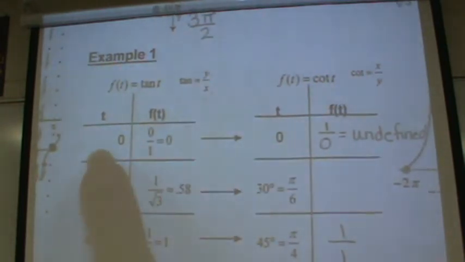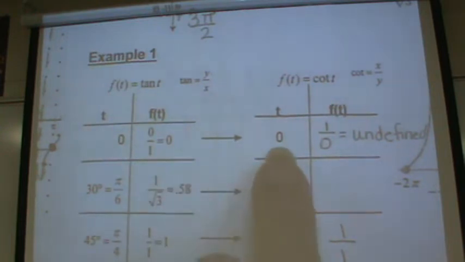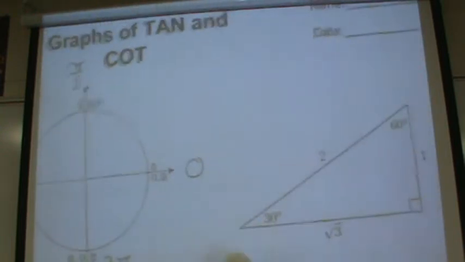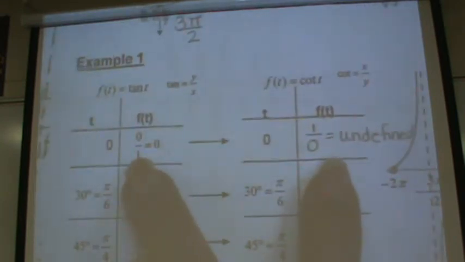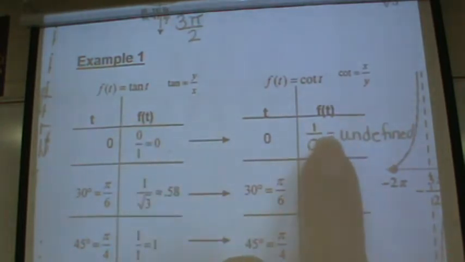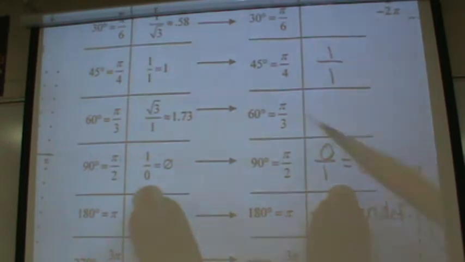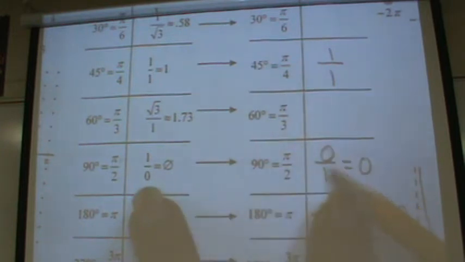So at 0 radians, you have 0 over 1 here. But at 0, cotangent is x over y. So here, when you did x over y, you have 1 over 0, which is undefined. So these are two different numbers. One's 0, one's undefined. That's an asymptote, that's not. But then if you go down here, at 90 degrees, tangent, which is y over x, is undefined, but over here, if you flip it, 0 over 1 is 0. That's why they're different. Does that make sense?